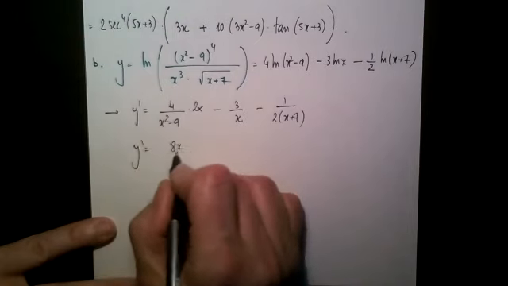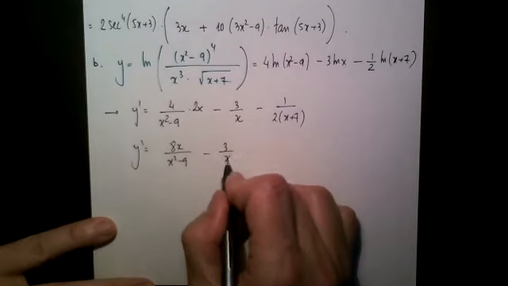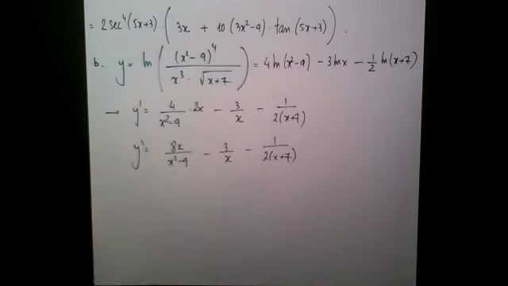So 8x over (x² minus 9) minus 3 over x minus 1 over 2 times (x plus 7). Questions?